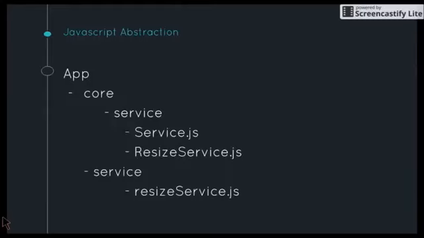So the service folder will contain the service class and the resize class, and then outside of core, at the top level, you can have all your other AngularJS files. The service folder will hold the AngularJS services, and the resize service will go in there. It's possible, and it looks cleaner, to be honest.